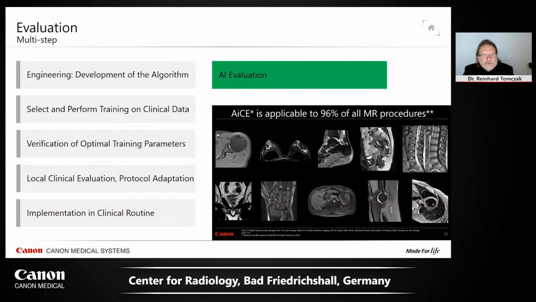Engineering is done, development of the algorithm. I did show you that in the other slides, verification of the optimal training parameters and implementation in clinical routine. You see here some example imagings. AiCE is applicable to about 96% of all MRI protocols, so that means to everything.